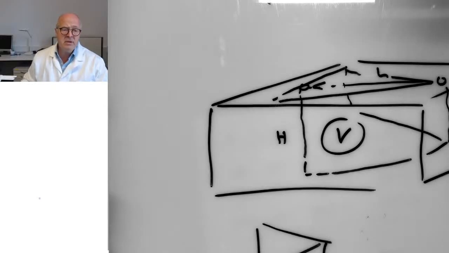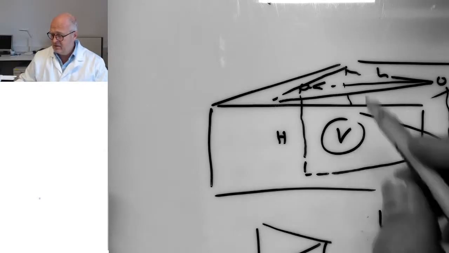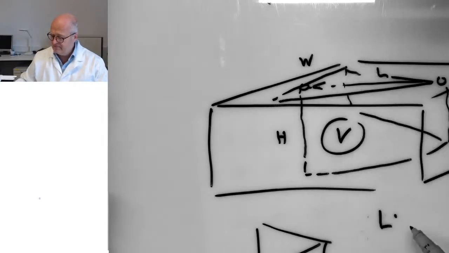This is a simple equation, as I showed yesterday. It's basically the length times the width here. This is a triangle, multiplied by h. So this gives you the volume.